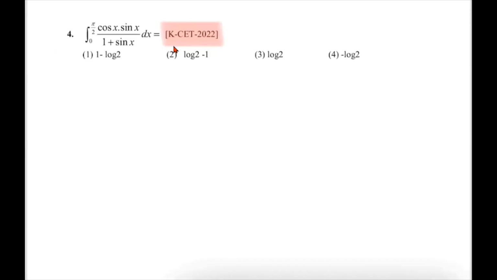Question number 4 is taken from KCET paper 2022. Integral 0 to pi by 2 cos x into sin x upon 1 plus sin x. Here we can take substitution t as sin x because its derivative is part of the integrand.